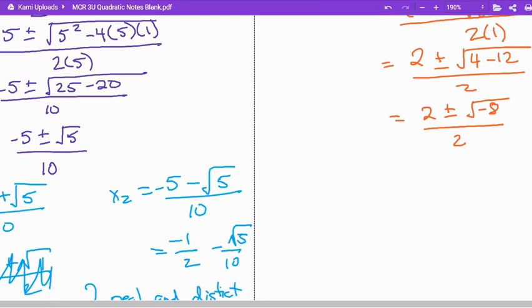Okay, let's write -8 in a simplified form. So on the side, let's do some fun work. -8 can also be written as, are there any perfect squares in there? 4 times 2 times -1, right? We break it down because the square root of 4 is 2. The square root of 2 cannot be simplified.